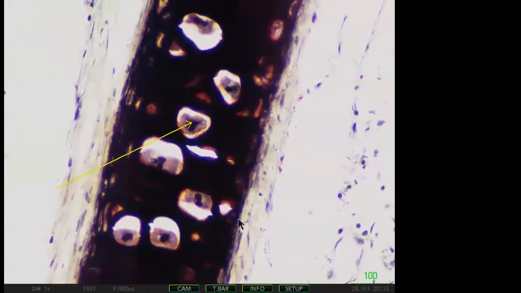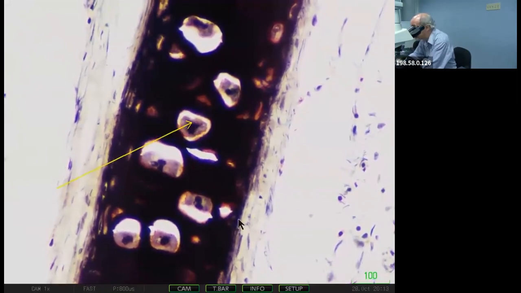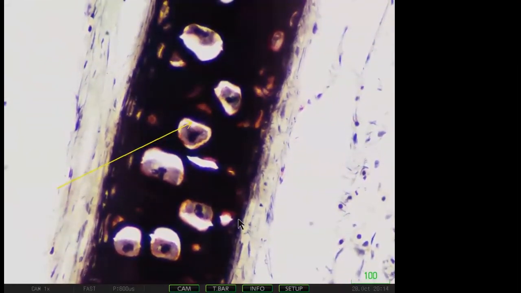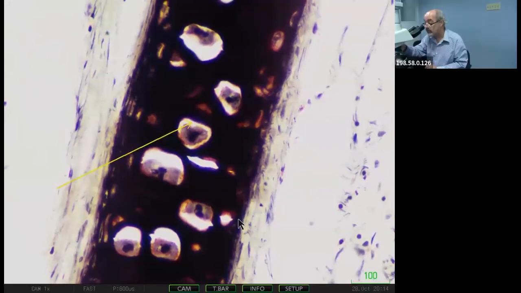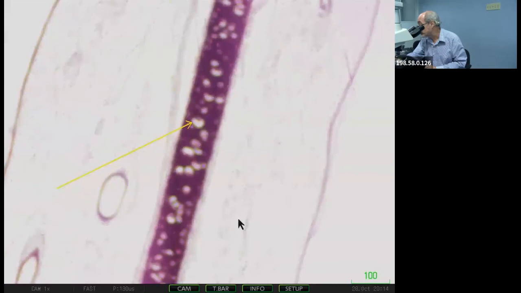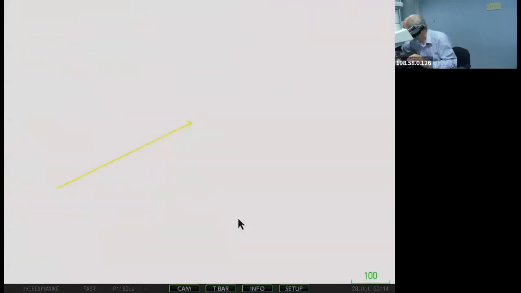Chondrocytes. Chondrocytes are located in what space? What's the name of the space here? Lacunae. Yes, lacunae. So I will give you more of this type of staining compared to what I showed you before.